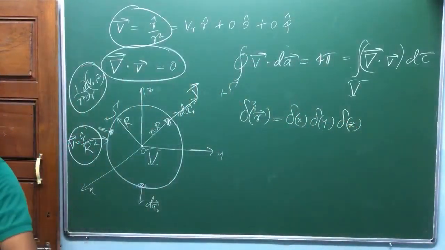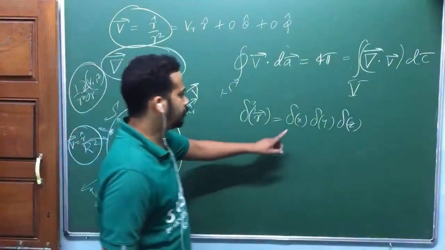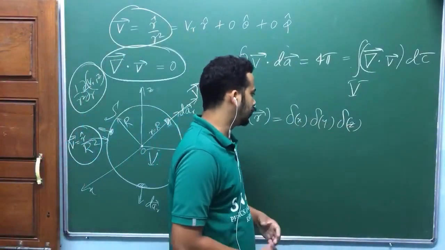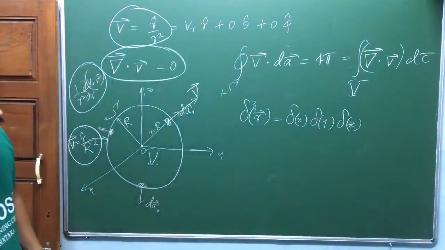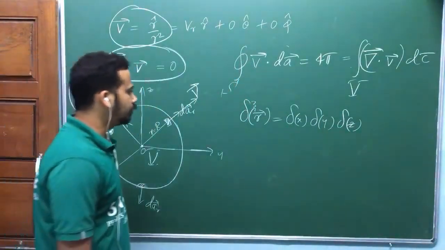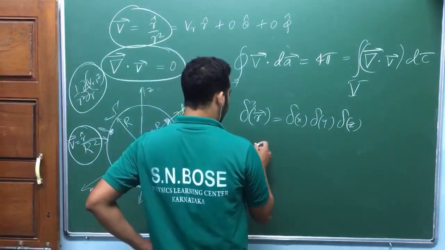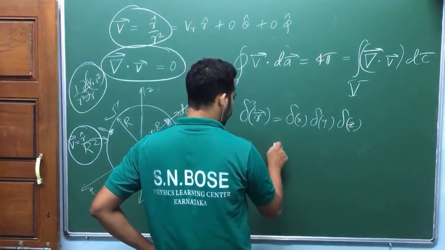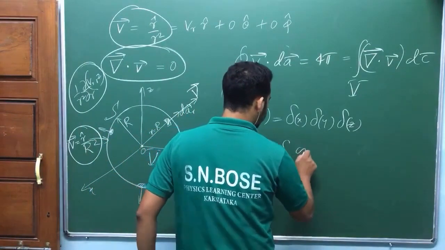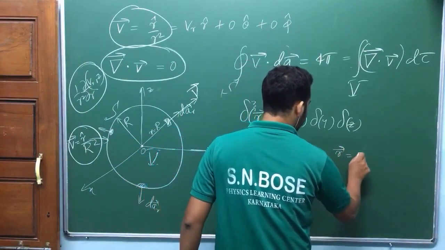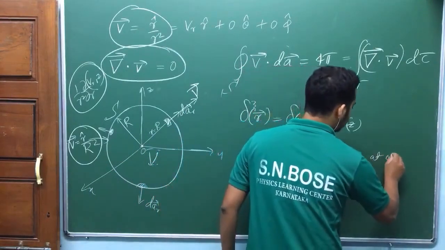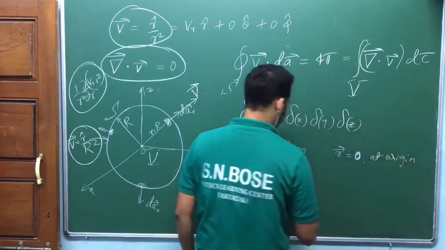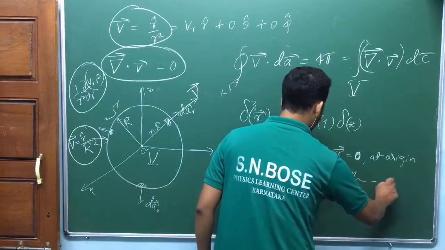That means when you put x equal to 0, y equal to 0, z equal to 0, the total thing is infinity. You can define it like this also: it is equal to infinity when r vector is equal to 0, that means the origin, and equal to 0 otherwise.